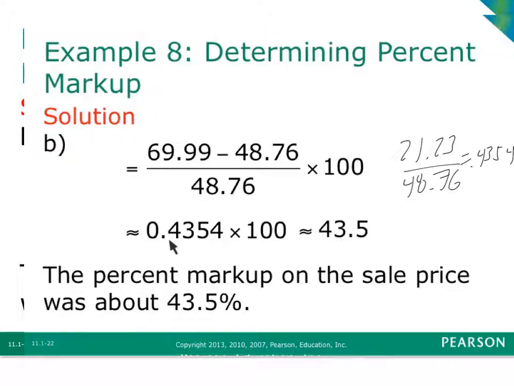And then we want it as a percent, so we multiply times 100, which gives us 43.54% if we didn't round. But here they're rounding it to the tenths place, so that's why you have 43.5%. So that's the percent markup on the sale price. Not quite as much as the other one, but it's still a pretty big markup. They're making some profit there.